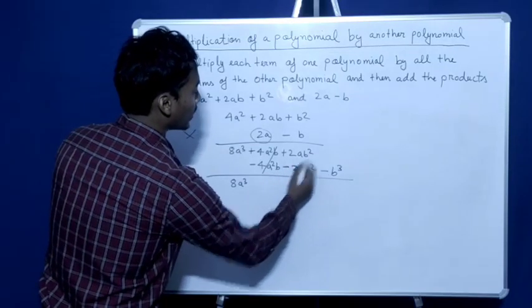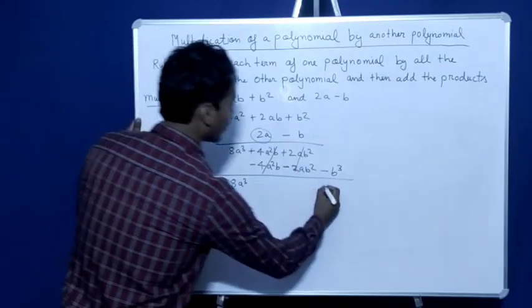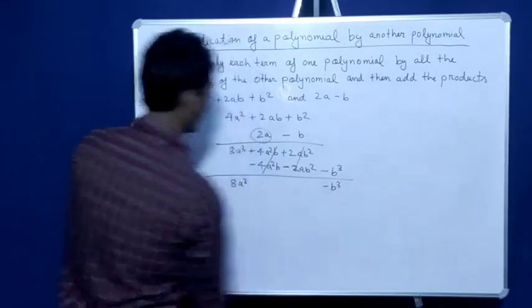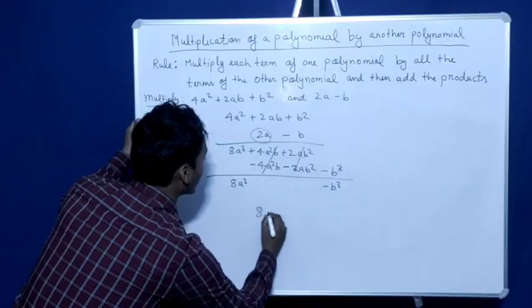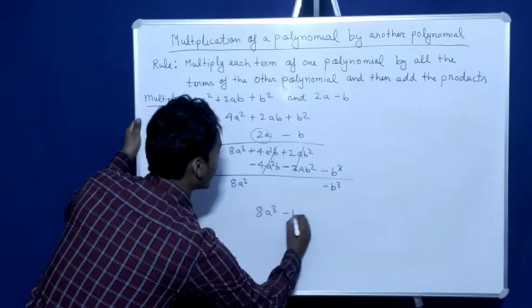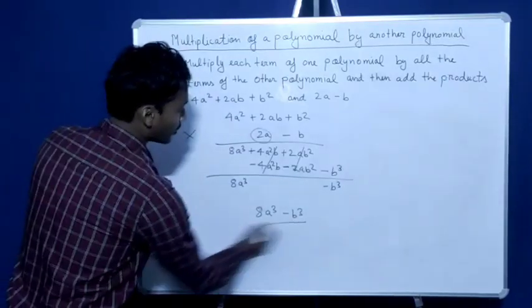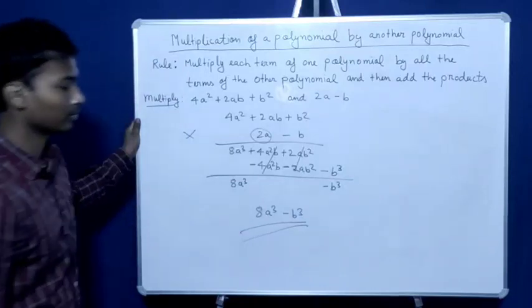So 2ab square and negative 2ab square again gets cancelled, so it means 0. So we are left with negative b cube. So finally we can write it as 8a cube minus b cube. So this is the answer.